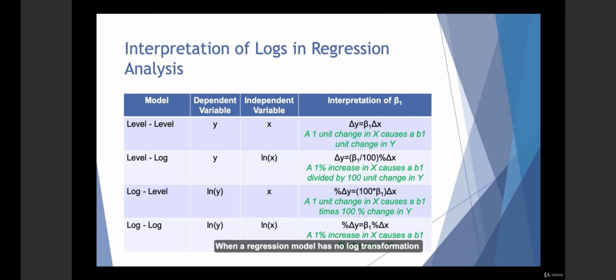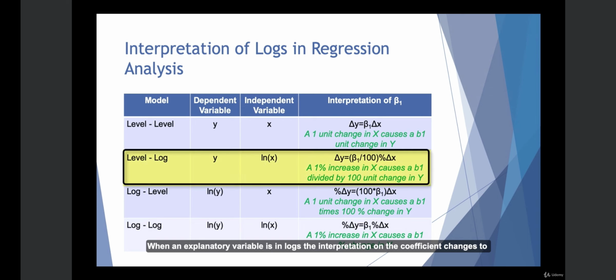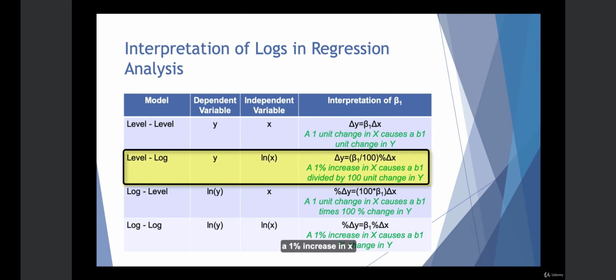When a regression model has no log transformation, either for the dependent variable or the explanatory variable, we call this a level model, and the interpretation is straightforward. When an explanatory variable is in logs, the interpretation of the coefficient changes to a 1% increase in x causes a beta divided by 100 unit change in y.